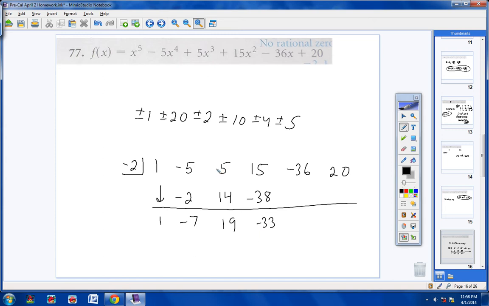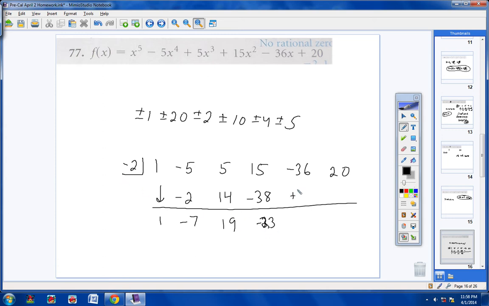For some reason this isn't working, let me check my work here. Negative 2 is supposed to work. I think this should be a negative 23. There we go, negative 23.